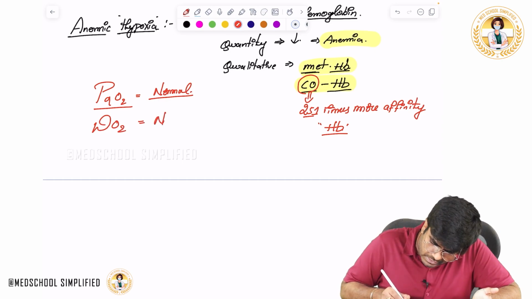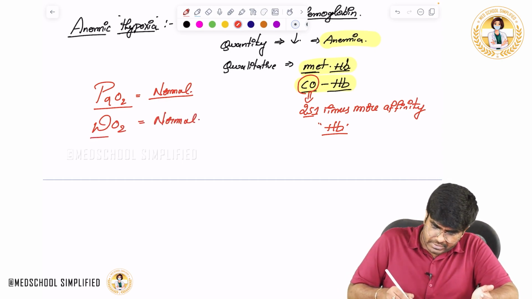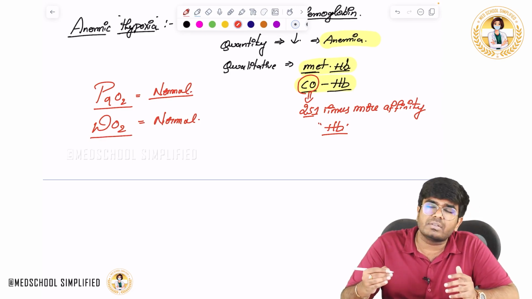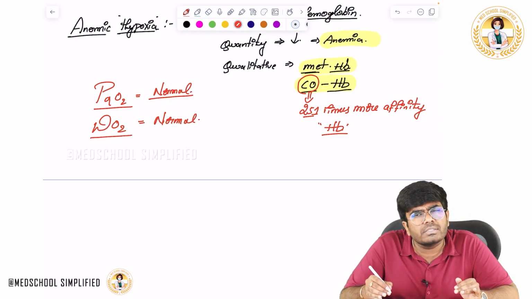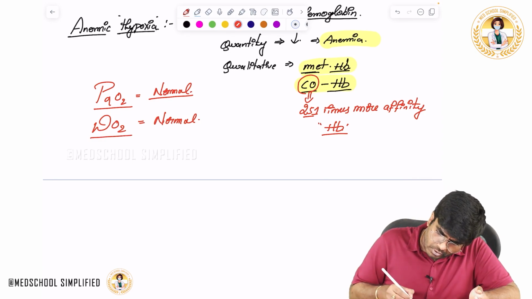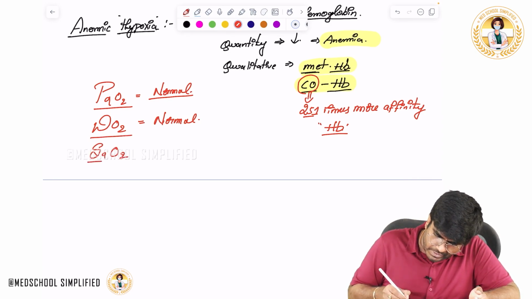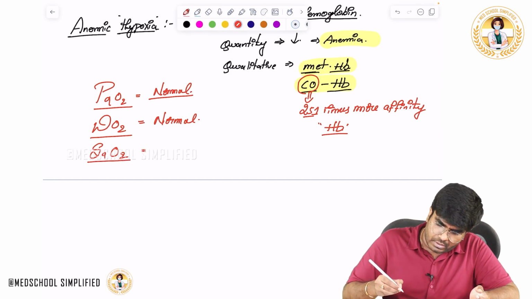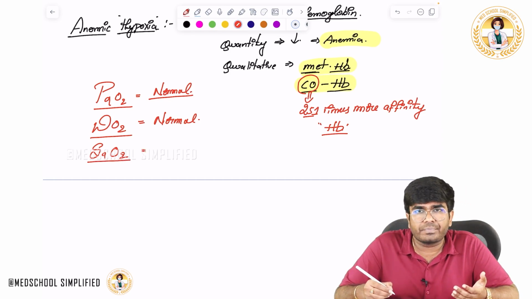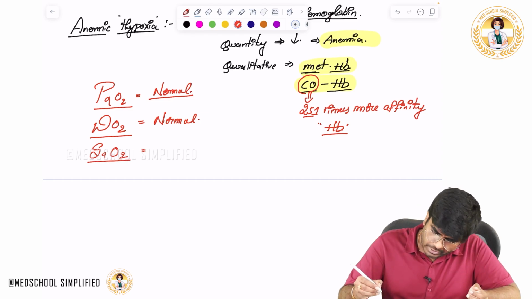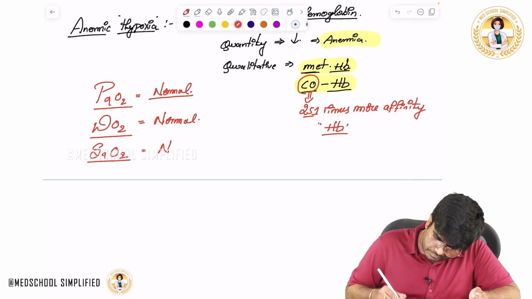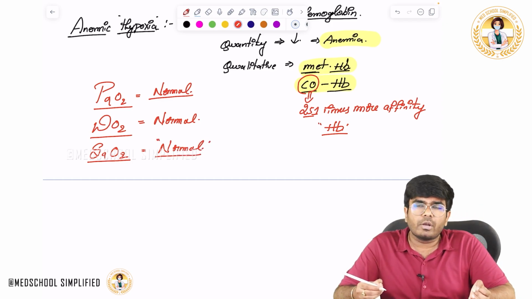If partial pressure is normal, saturation should be normal. So oxygen saturation is going to be absolutely normal.